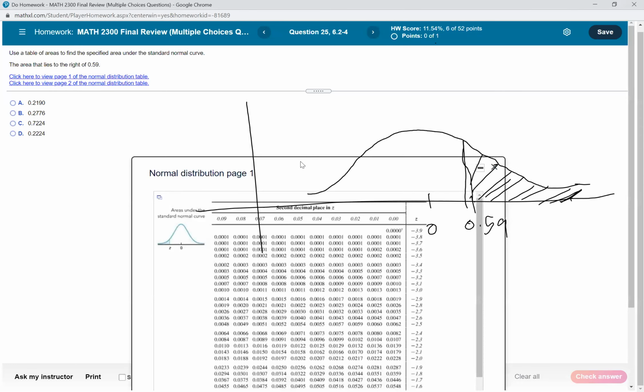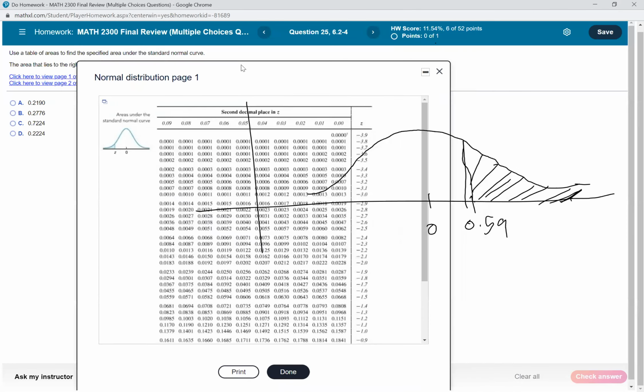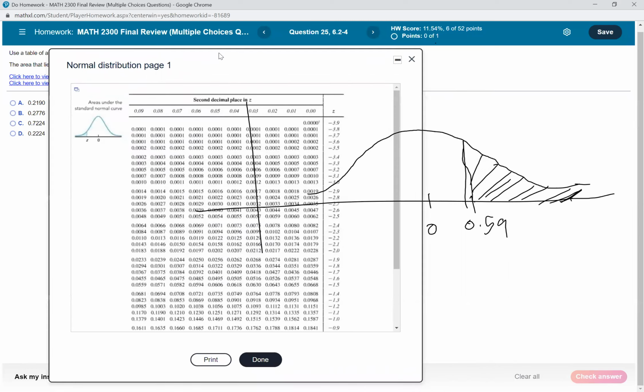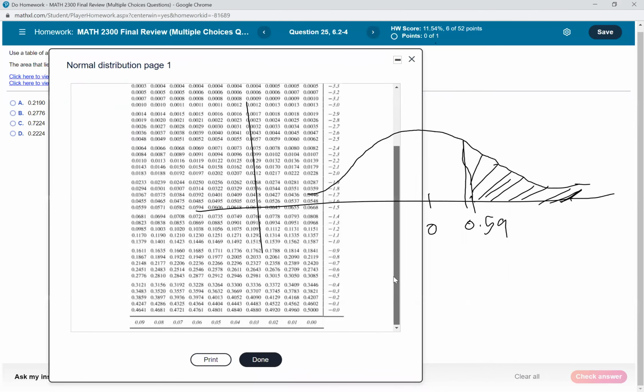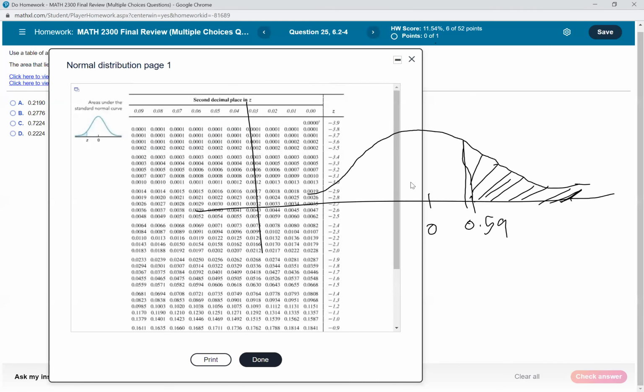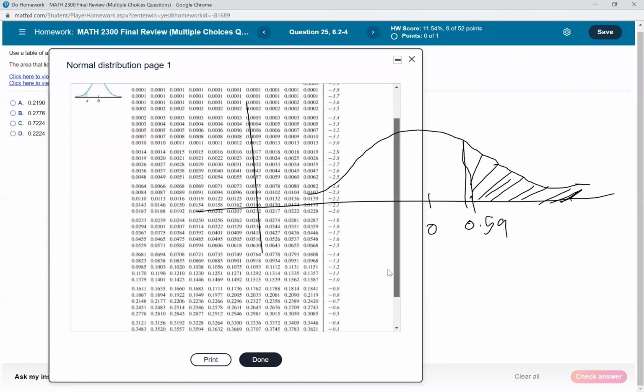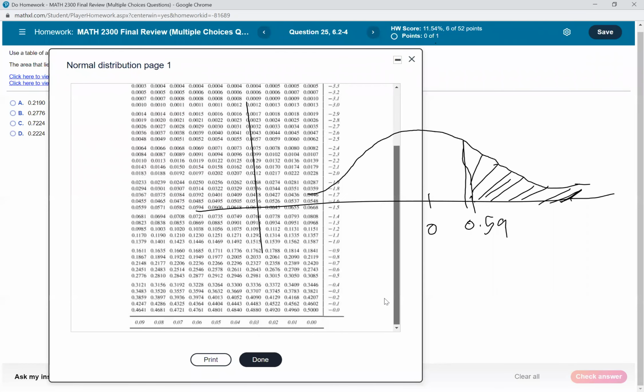If you look at this table, this is 0.59. This area is the same as the area on the left side of negative 0.59, because the curve is symmetric. So we just need to look at negative 0.59.